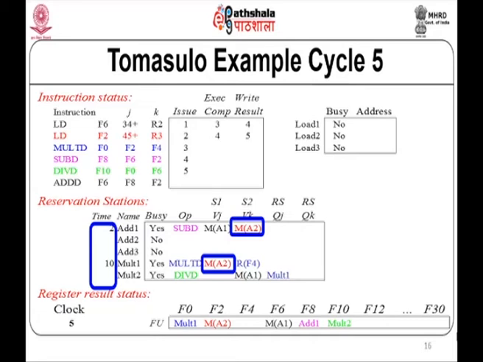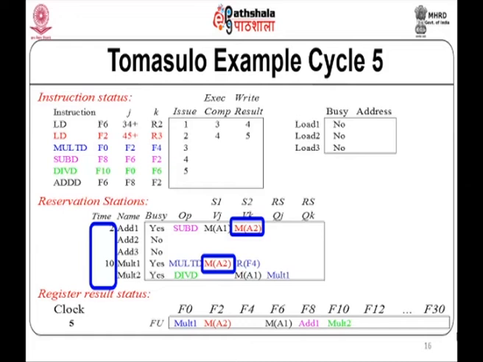So, the reservation station entries associated with your mul instruction and your sub instruction both get the operand F2 from the load instruction. F2 is a source operand for your mul instruction, and F2 is also a source operand for your sub instruction, so both of them get the data.